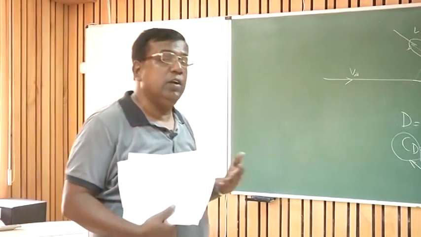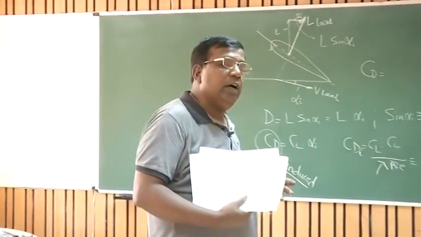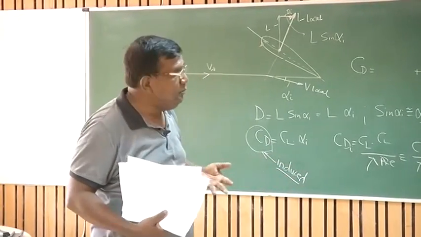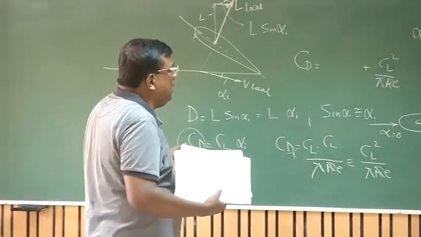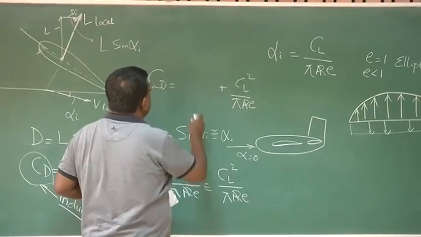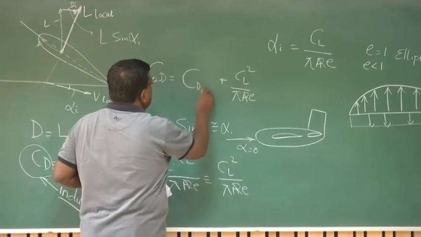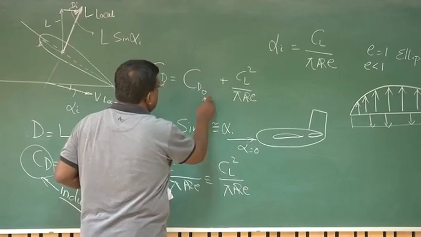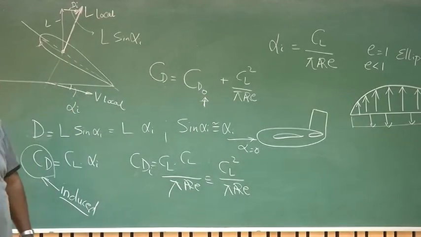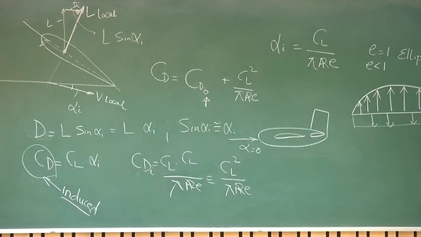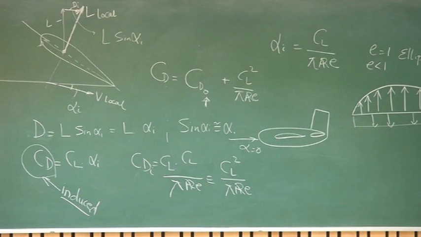If it is a low Reynolds number, you are expected to have more viscous effect, right? Accordingly, this CD naught will be decided, and this naught means CD at zero lift. For a symmetric aerofoil, it is good enough to say CD at alpha equal to 0. For a cambered aerofoil, we define this.